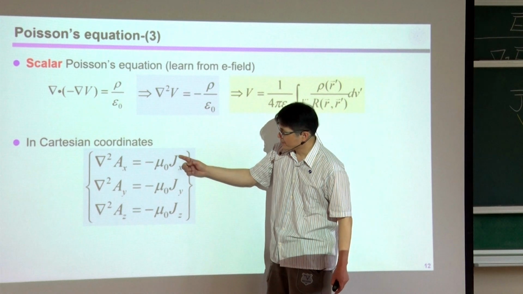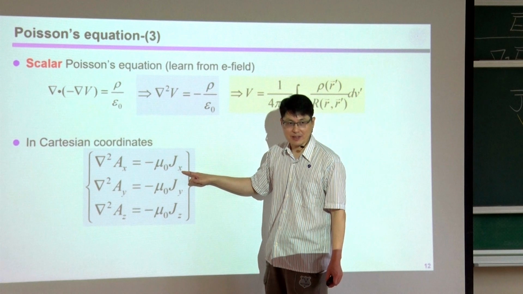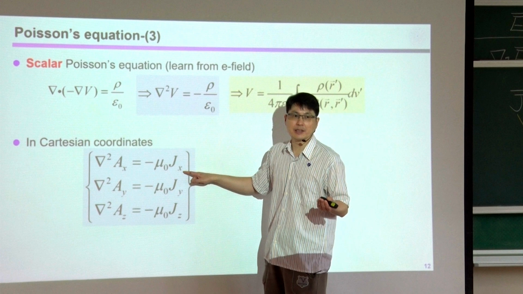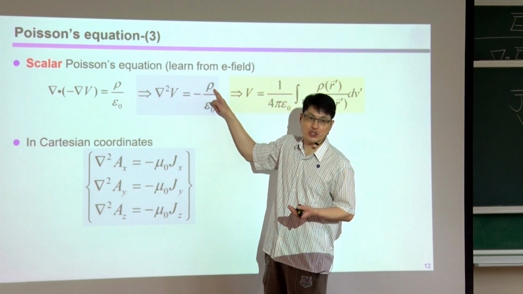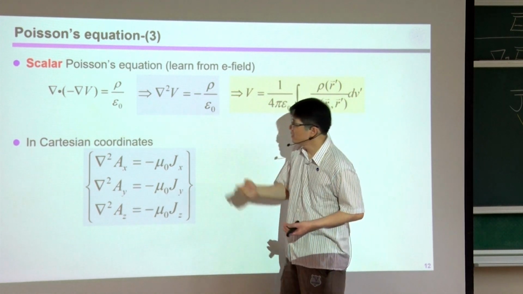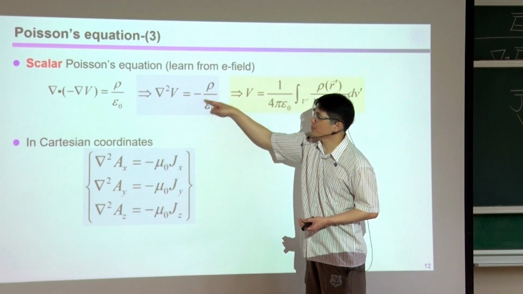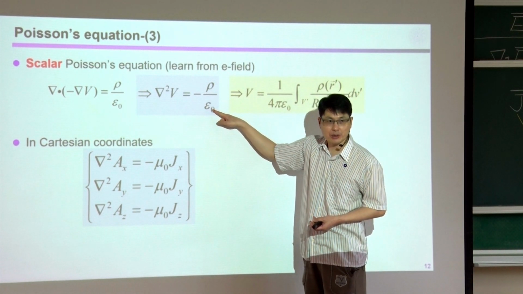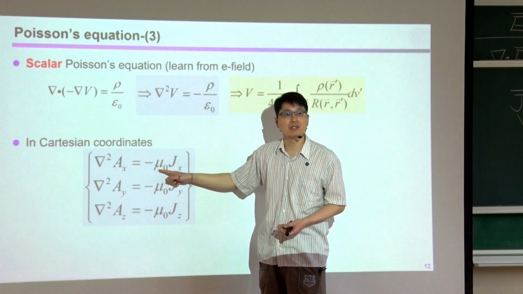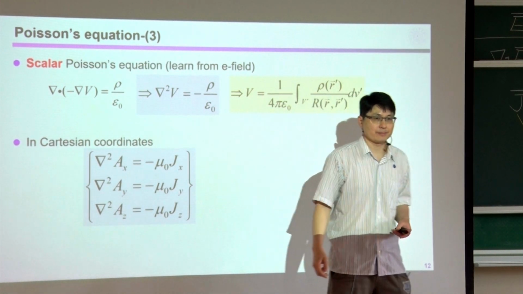The only difference is now in magnetism, you are dealing with current density as a function of space. In electricity, you are dealing with the charge density. Second difference is in V, you have the vacuum permittivity in the denominator, but now in magnetism, you have the vacuum permeability in the numerator. That's the only two differences.